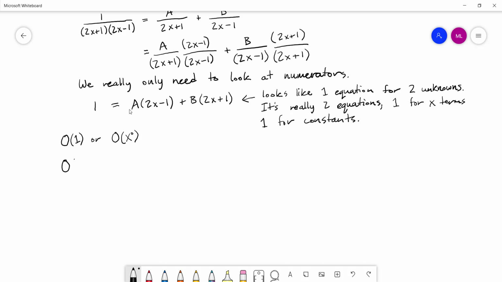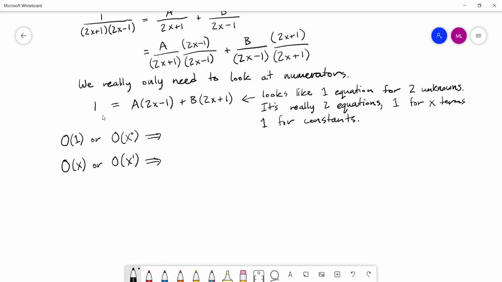We will also look at all the things that are of order x, essentially, or order x to the first power. So you could think of it as either one of these, whichever one you want to write. And in this case, I'll stop writing both of these going forward. I'll probably just write order 1 and order x, or I'll just write order x to the 0 and order x to the first, and so on.